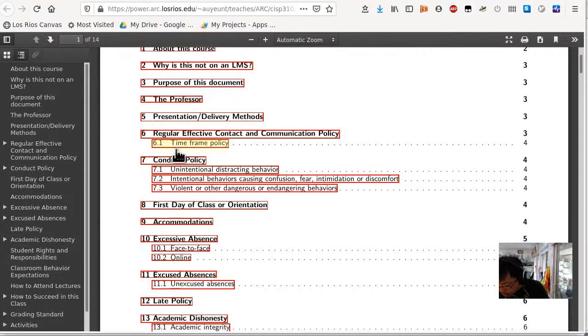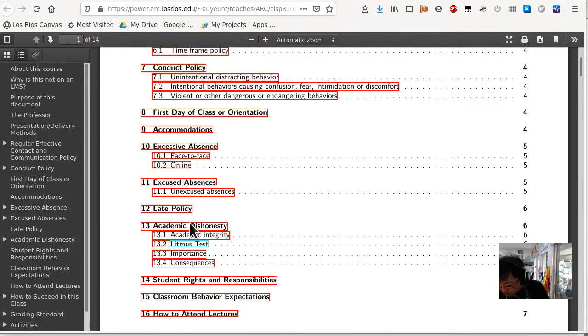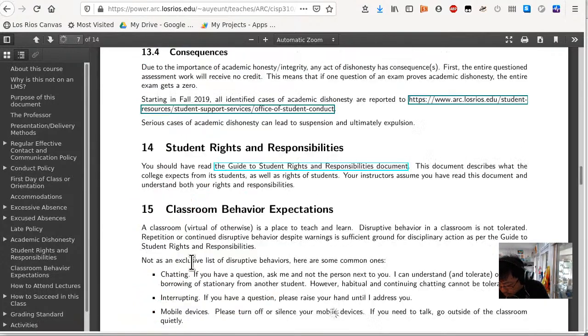The point I do want to mention has to do with academic dishonesty and particularly the consequence part. If you have not read the syllabus, you probably need to read the entire thing. I'm not implying anyone in this class is planning to cheat, but I think the entire syllabus is actually useful. In this case, every single case is going to be reported.